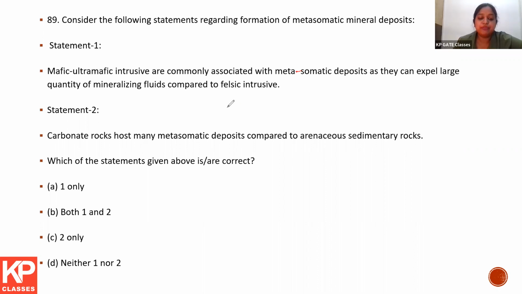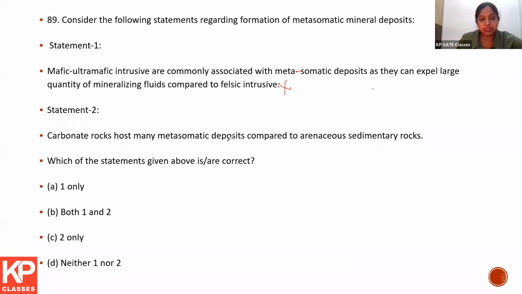They can expel large quantity of mineralizing fluids compared to mafic. Actually, this is the wrong statement. It is the opposite. They cannot expel large quantity of mineralization fluid from felsic compared to mafic. So this statement is a wrong statement.